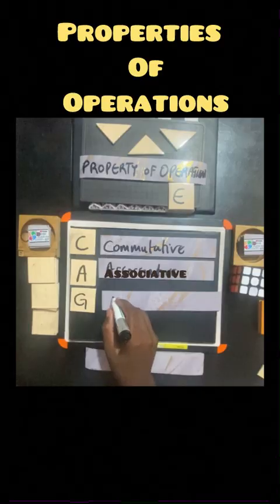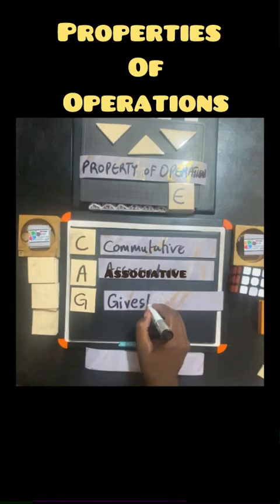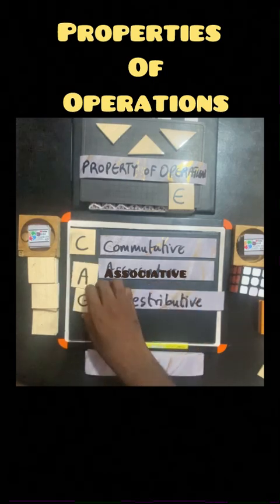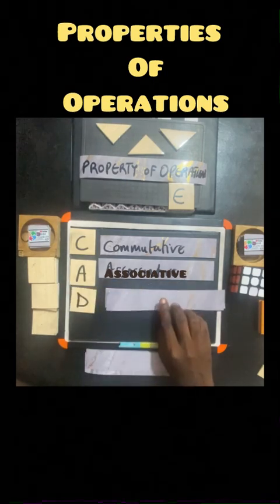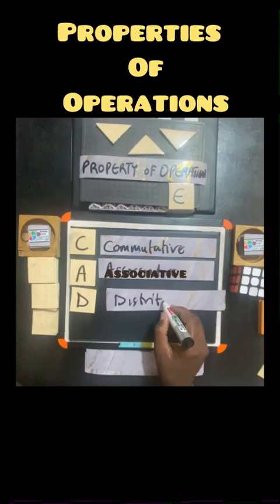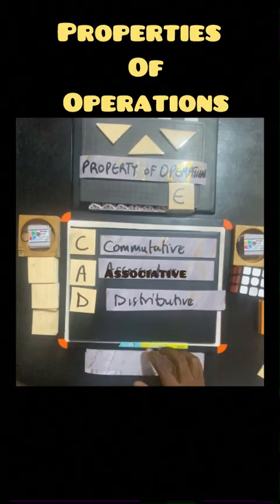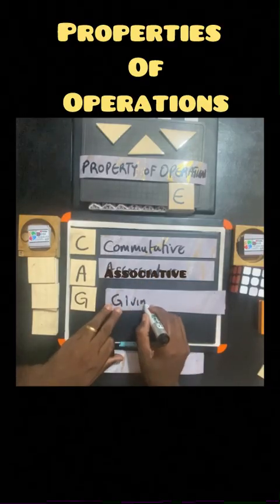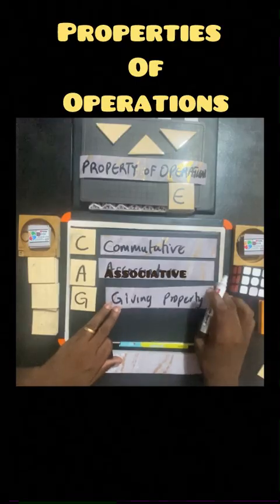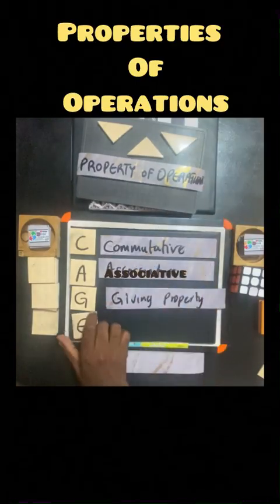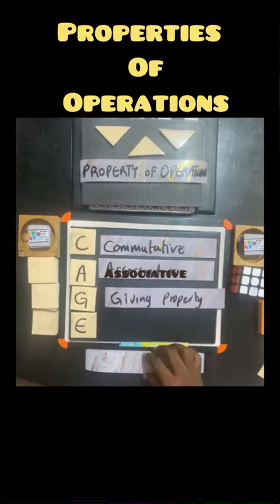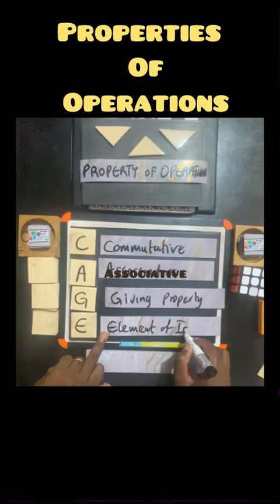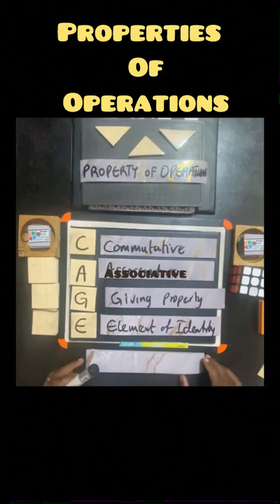D is the distributive property, but I prefer to just call it the given property. And then the E, we're looking at identity element, the element of identity. So this is the cage we're going to be working with today.